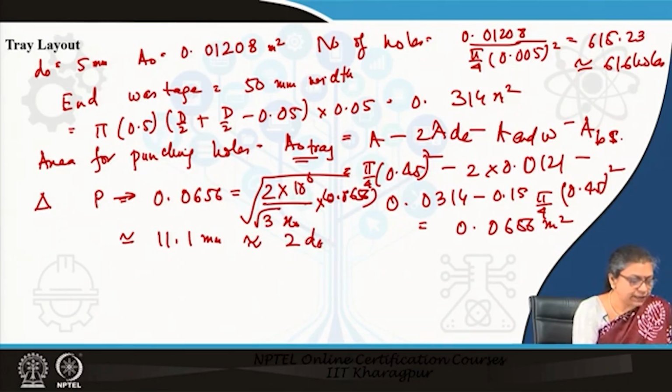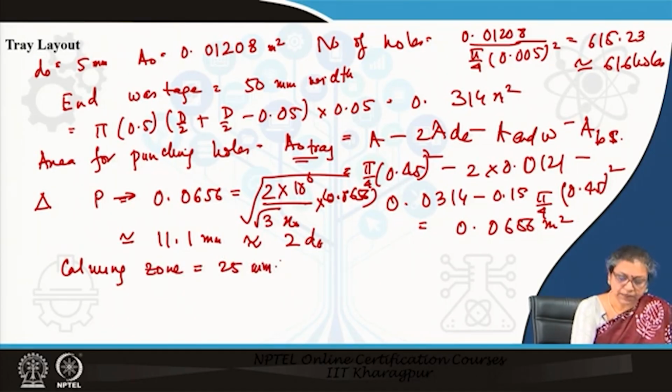Now, we can take up the calming zone of 25 millimeters. So, therefore, we get the total calming zone and we consider one particular backing strip. Okay. So, we have considered in this particular case a calming zone of 25 millimeters. So, therefore, you can find out the total area of the calming zone.